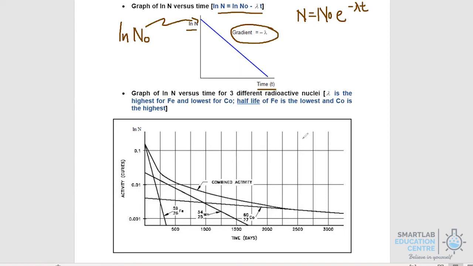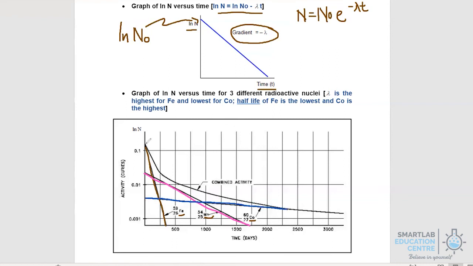Let's now take a look at the ln N graph of 3 radioactive nuclei. Specifically, the 3 radioactive nuclei are your iron, Fe, your manganese, Mn, and your cobalt, Co. Each of them is depicted by a line. In the case of iron, let's represent it with a brown line. In the case of your manganese, it is the purple line, and the cobalt is the blue line.